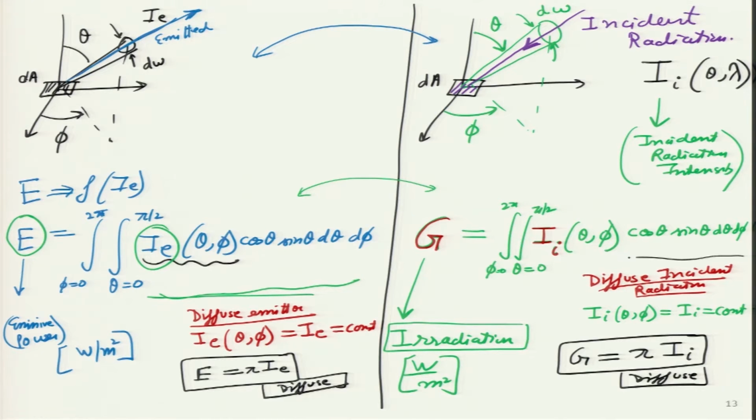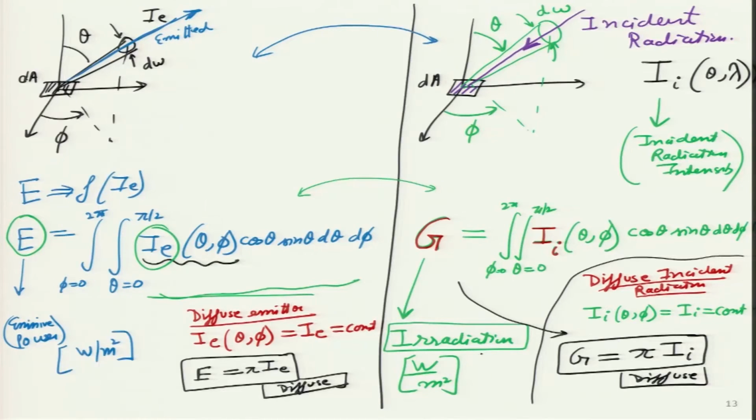So, I like to solve things first mathematically and then try and see the physics behind it. So, mathematically we have figured out that for the diffuse radiation, I i is a constant. Do not get confused, there are a lot of subscripts I e, I i, and there will be one more I r. So, just follow along for a little while. I i stands for the incident radiation intensity. What does it mean that it is diffuse? So, I will give that example.